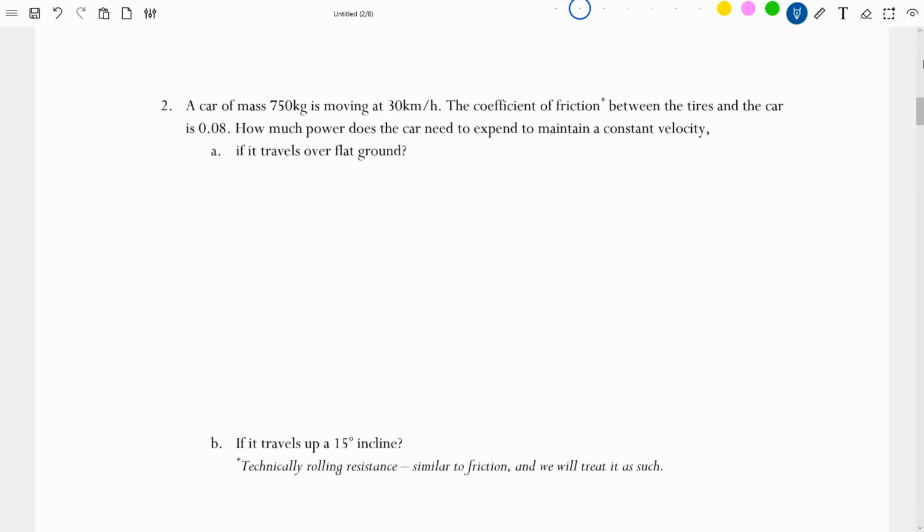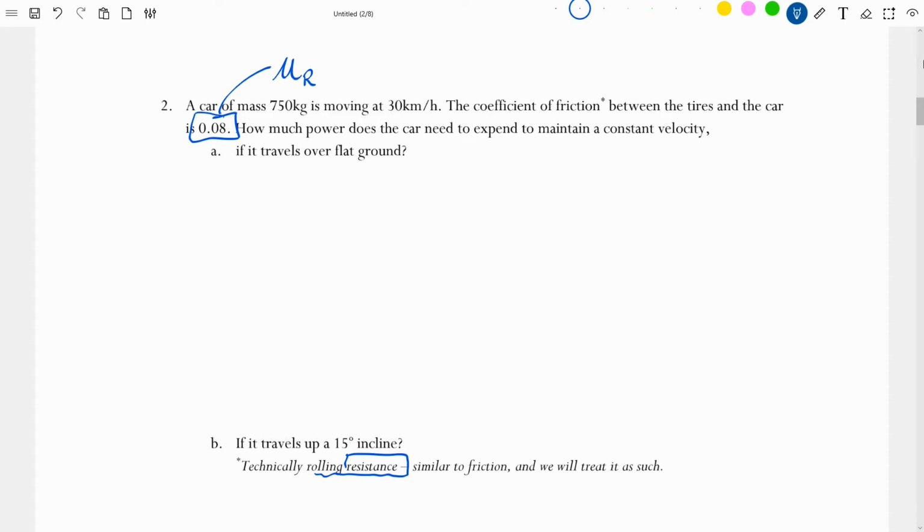Technically this coefficient here of friction is really called a rolling kind of resistance. So if you really wanted to be proper about it, and you would not need to for the sake of 30S physics, you can call that a coefficient of rolling friction. It's not really a static, nor is it a kinetic.